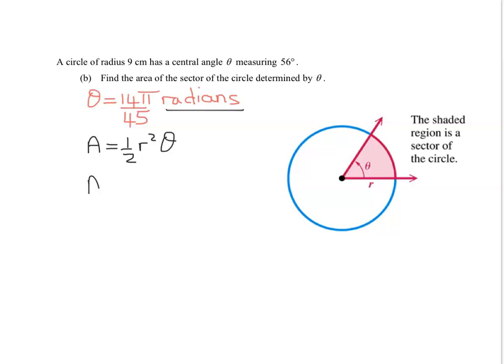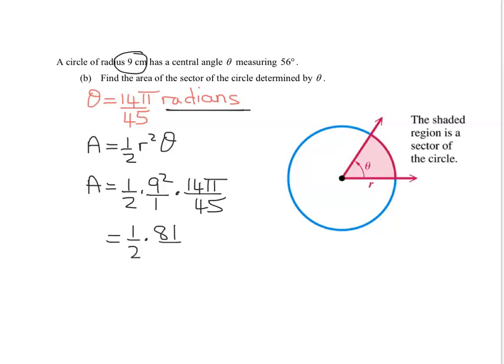So area is 1/2 the radius squared. Remember, our radius in this case was 9. 9 squared over 1 times theta. We must use it in radians, so I want my 14 pi over 45 radians. Now it's basically just simplify the arithmetic. 1/2, 9 squared is 81, times 14 pi over 45.